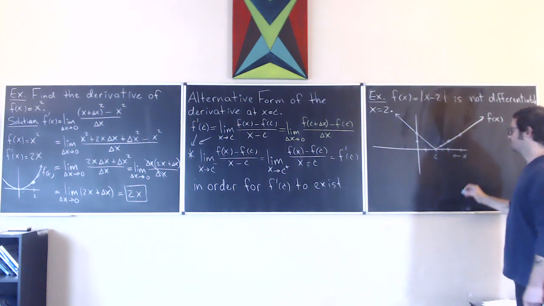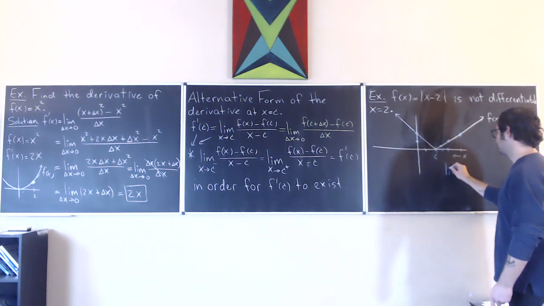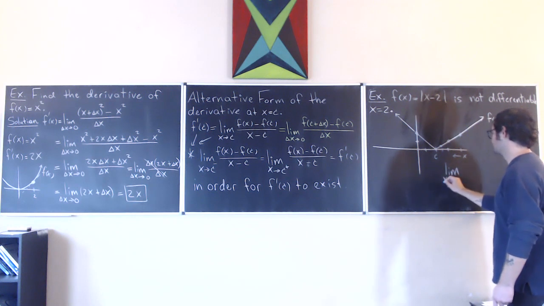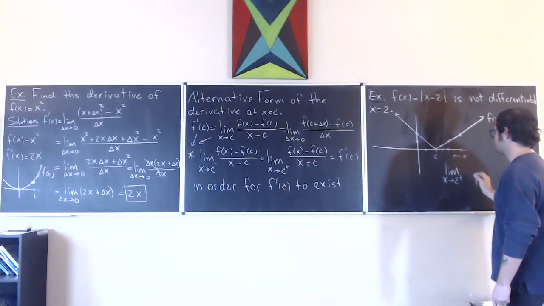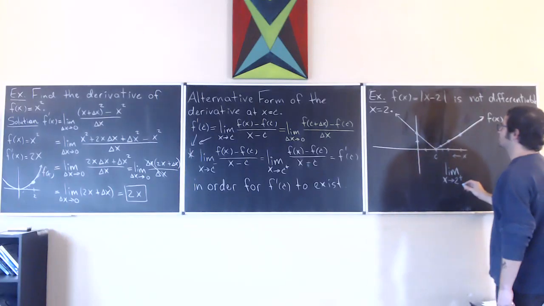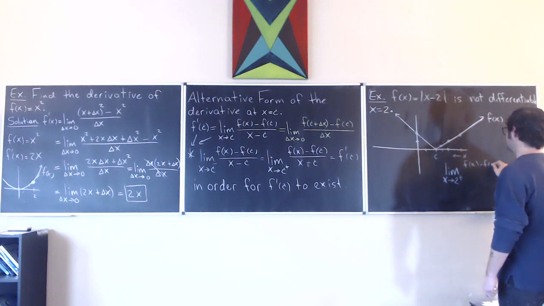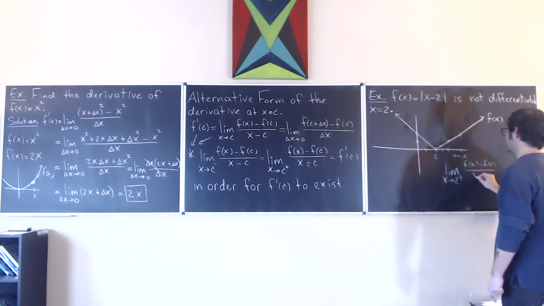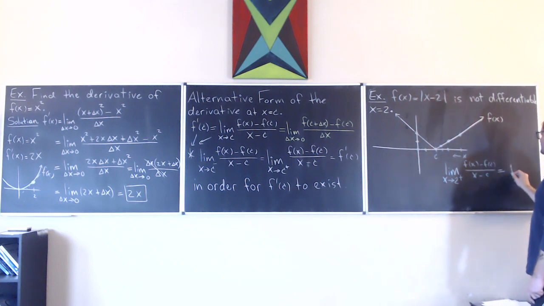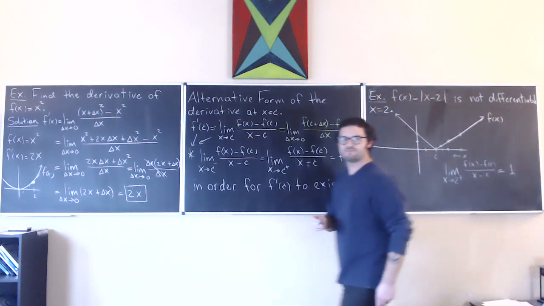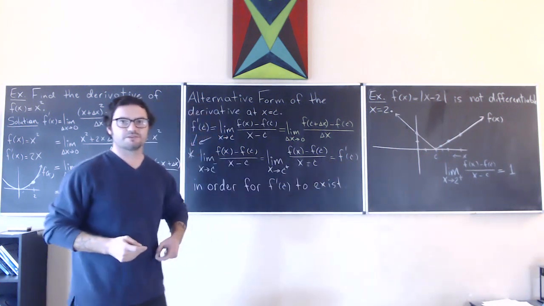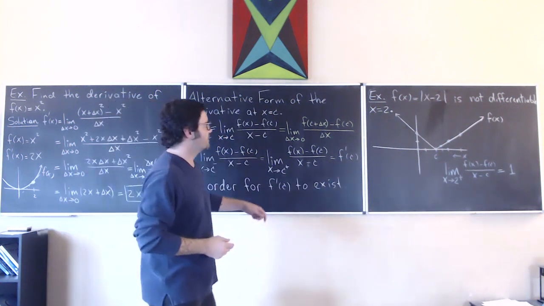We can say that the right-hand side limit, as x goes to 2 from the right, of f of x minus f of c over x minus c, is going to converge to 1. Just looking at the picture here in this case, and not working it out algebraically.